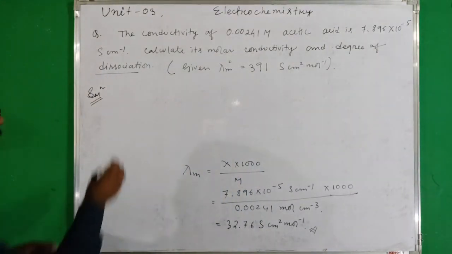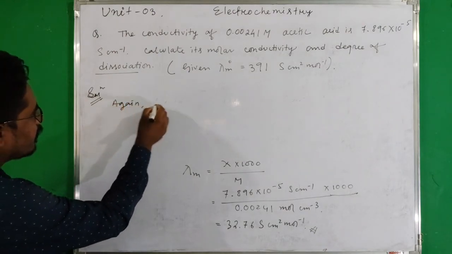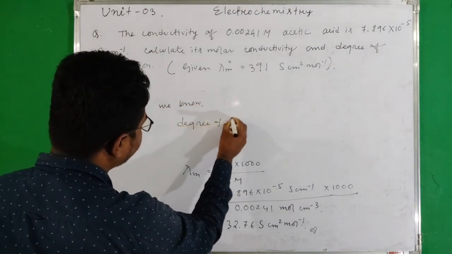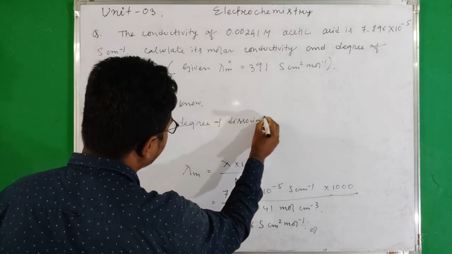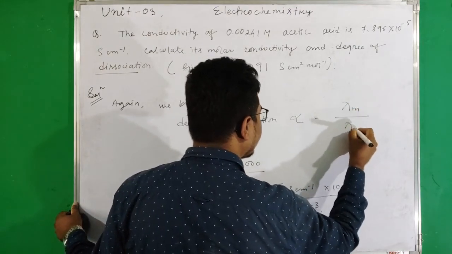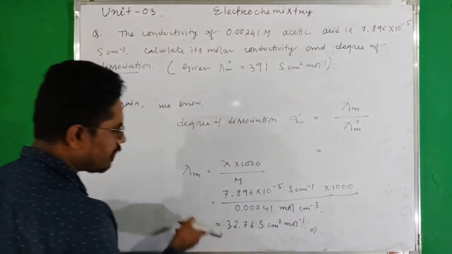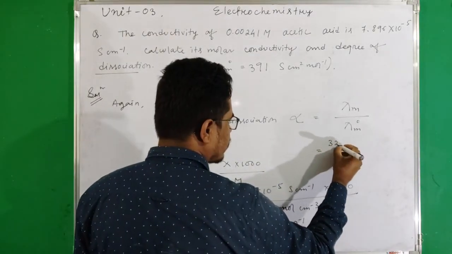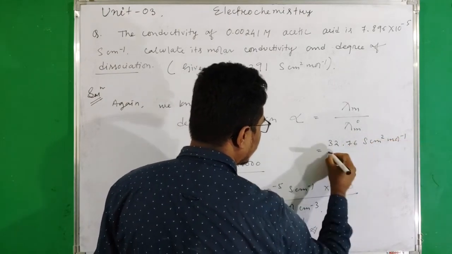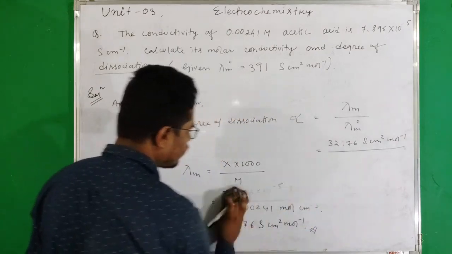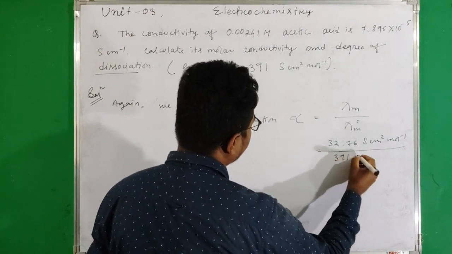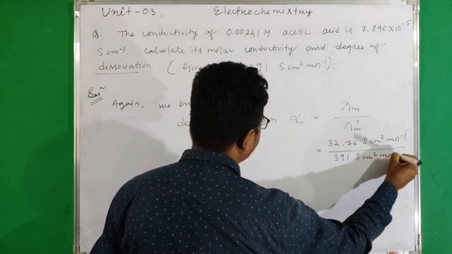So we know, for the second part, the degree of dissociation alpha is always equal to lambda m divided by lambda m naught, and the value of lambda m we have determined as 32.76 Siemens centimeter square per mole, and the value of lambda m naught is given as 391 Siemens centimeter square per mole.